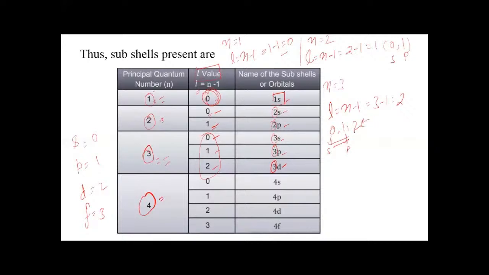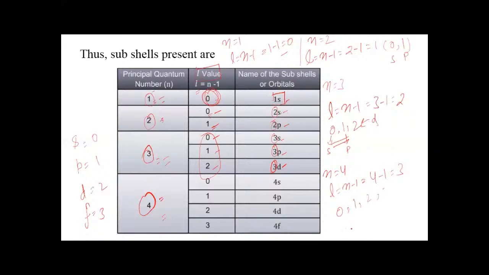Okay, now n is equal to 4 for the fourth main shell. So we calculate by the formula l is equal to n minus 1. The value comes to be 4 minus 1 is equal to 3, that is 0, 1, 2, 3.